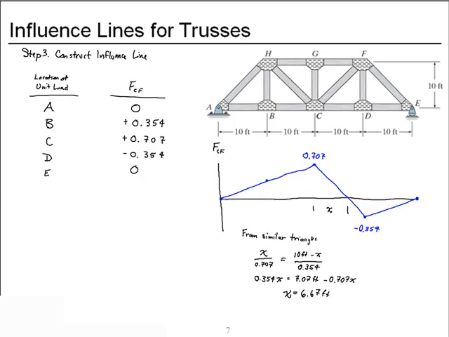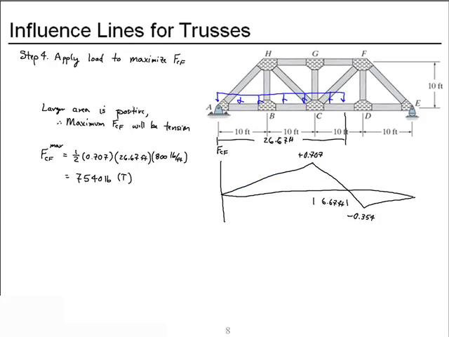We then consolidated all of that information into a table, plotted the points, connected them with straight lines, and then we calculated where the influence line became 0, because that would be important to us as we approach step 4, which is maximizing the force in member CF due to a uniform distributed live load. We looked at the 2 areas under the influence line, a positive area and a negative area.